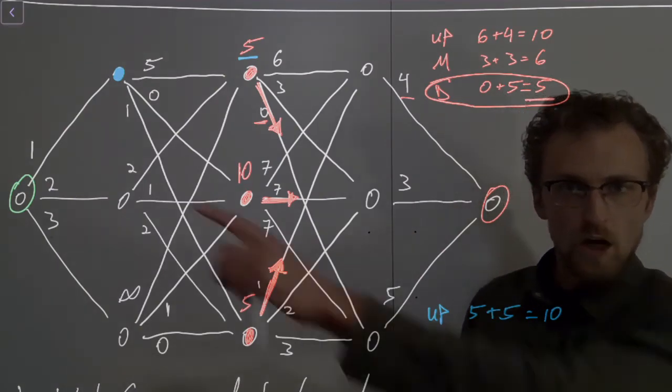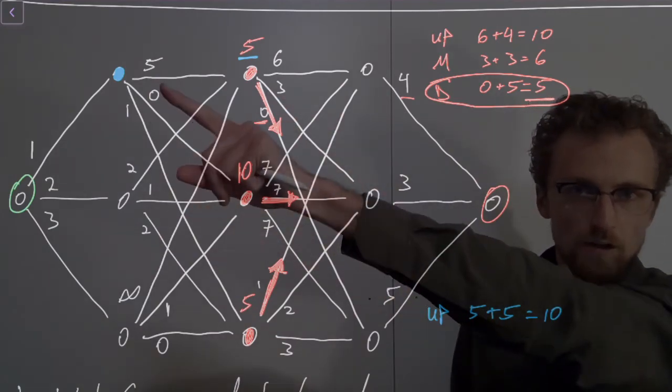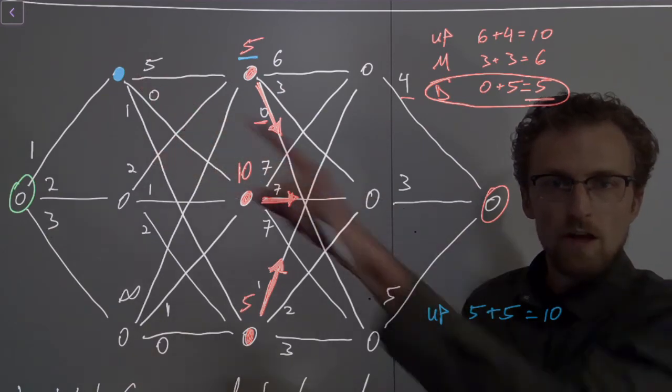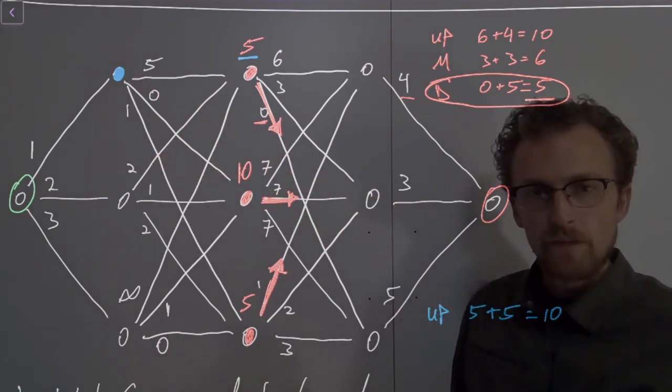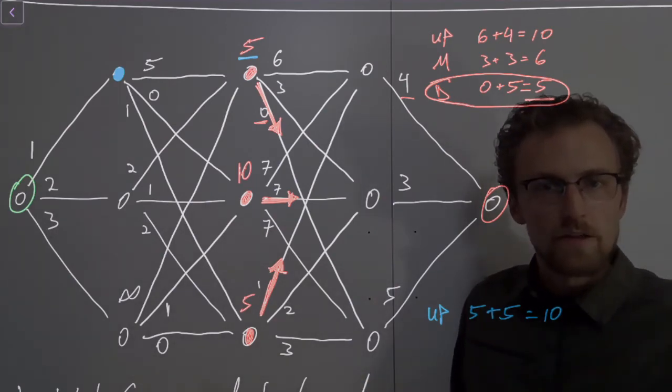Right? So to understand how long it's going to take me to get from the blue node all the way to the end, all I have to do is look one stage ahead and then check in this table of results that I've accumulated in the next stage.